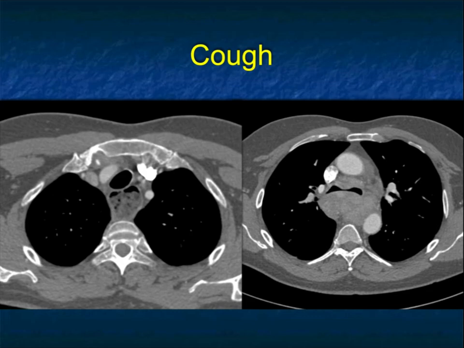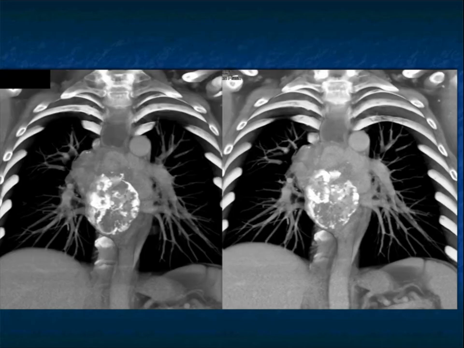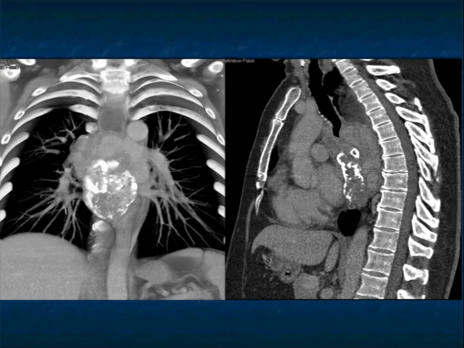Next scan, you see a really impressive infiltration, encasement of the patient's trachea. So now I'm thinking malignancy, but then I scan further down and look at the large mass. It's densely calcified, really impressively calcified, particularly on the sagittal view. The location seems to be along the course of the esophagus, or maybe it's from the esophagus.